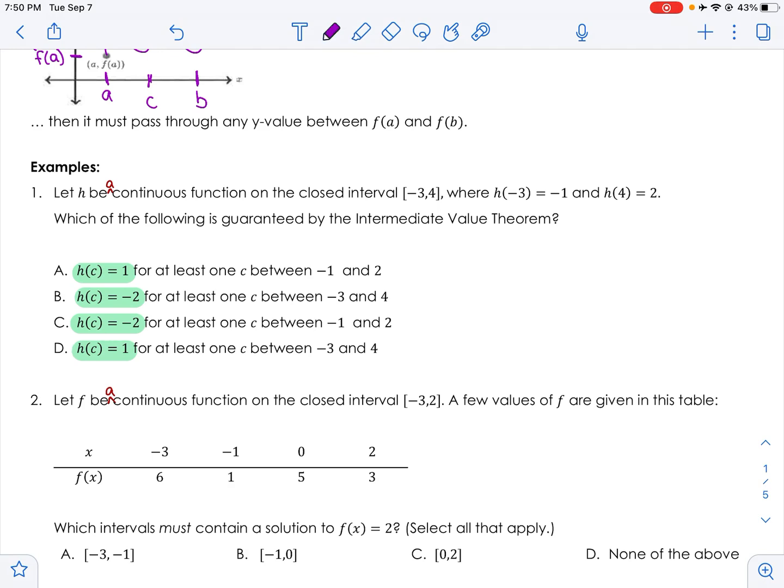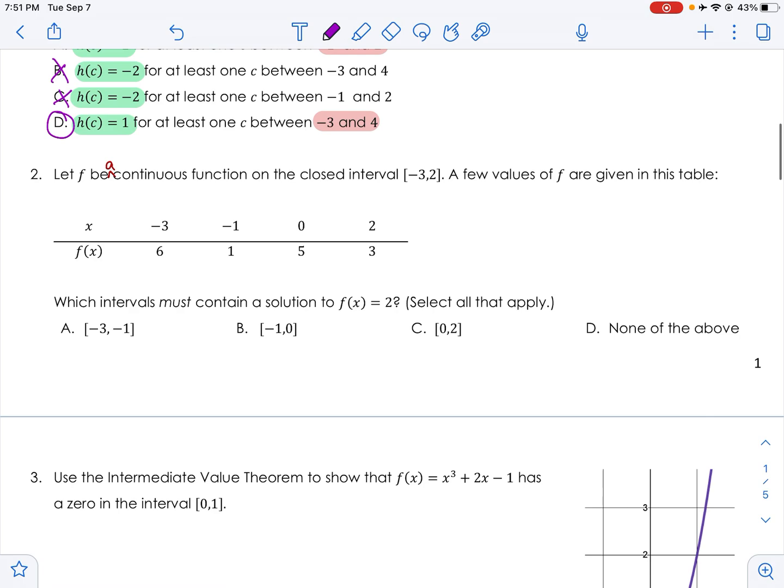Well, do 1 and -2 fall between my values here? -2 does not fall in between -1 and 2, so that helps me eliminate B and C. Now, the second part is that these are talking about our x values. Our x values for this interval are -3 to 4, which means D would be our correct answer.